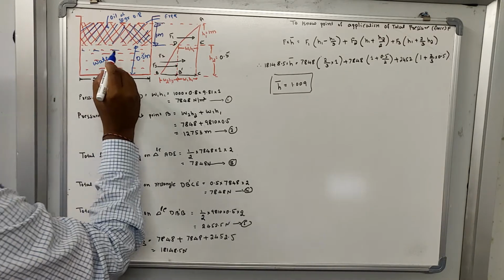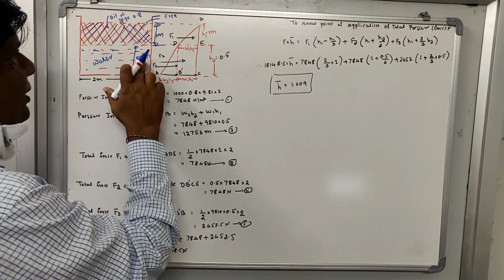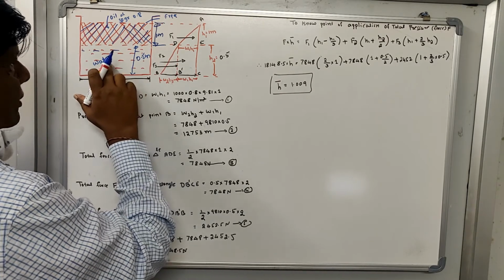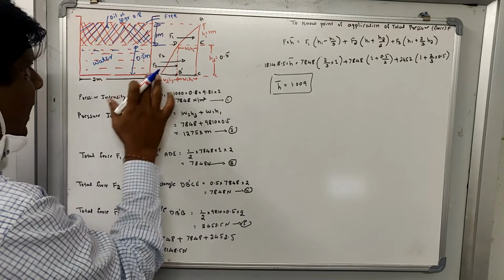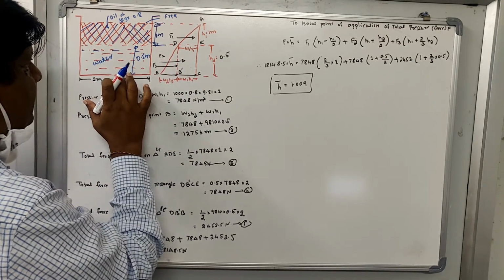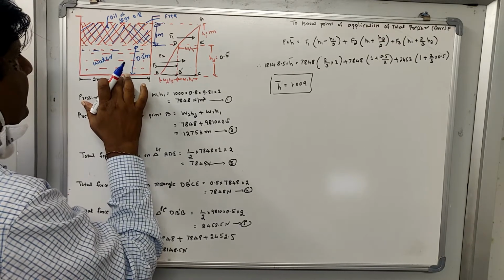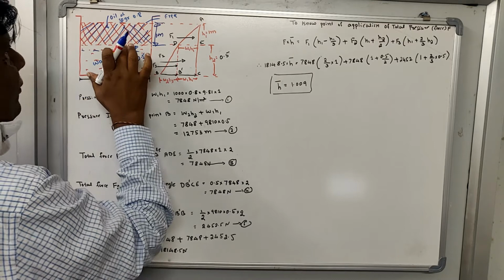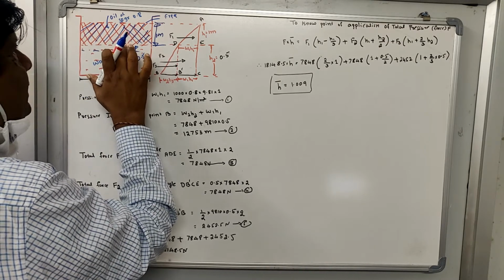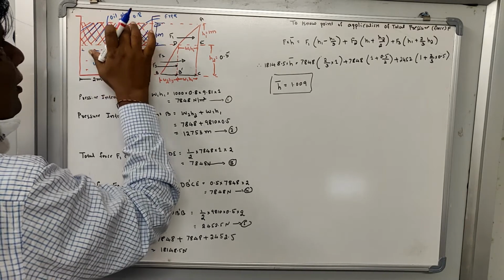At the bottom the tank is filled to 0.5 meter depth with water. So this is a tank having width 2 meter. From the bottom, the tank is filled with water for a height of 0.5 meter, and from this height it is filled with oil of specific gravity 0.8 for 1 meter.